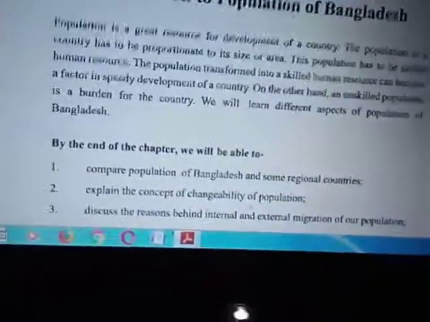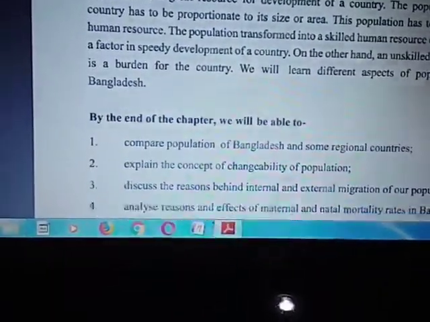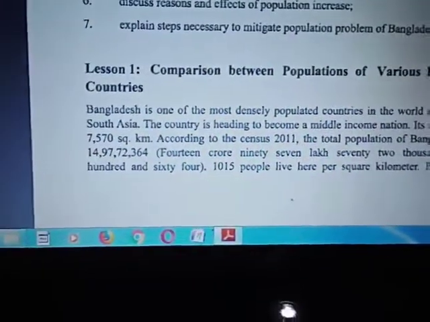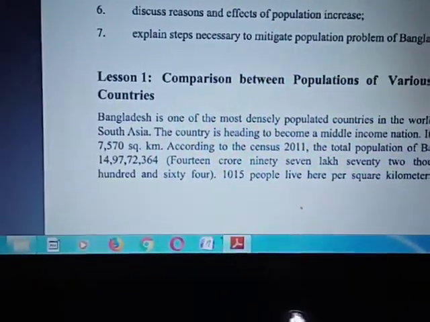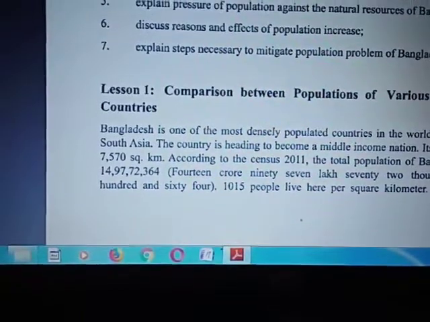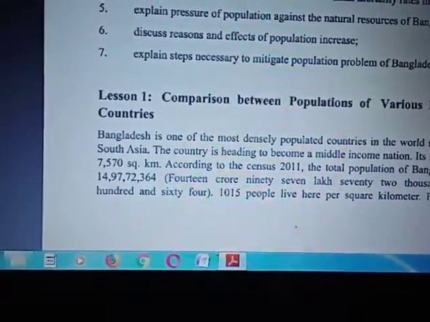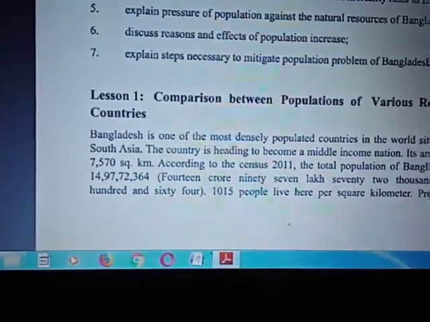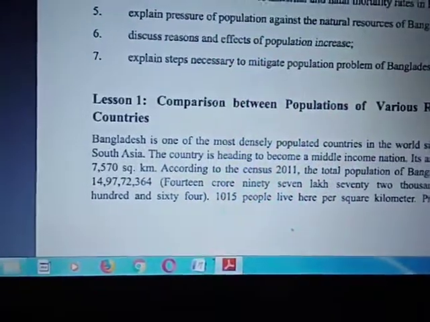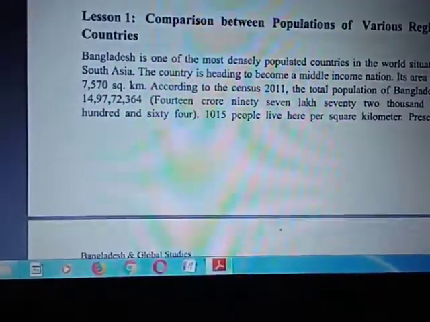So at first, we discuss lesson 1, comparison between population of various regional countries. Bangladesh is one of the most densely populated countries in the world, situated in South Asia. The country is heading to become a middle income nation.